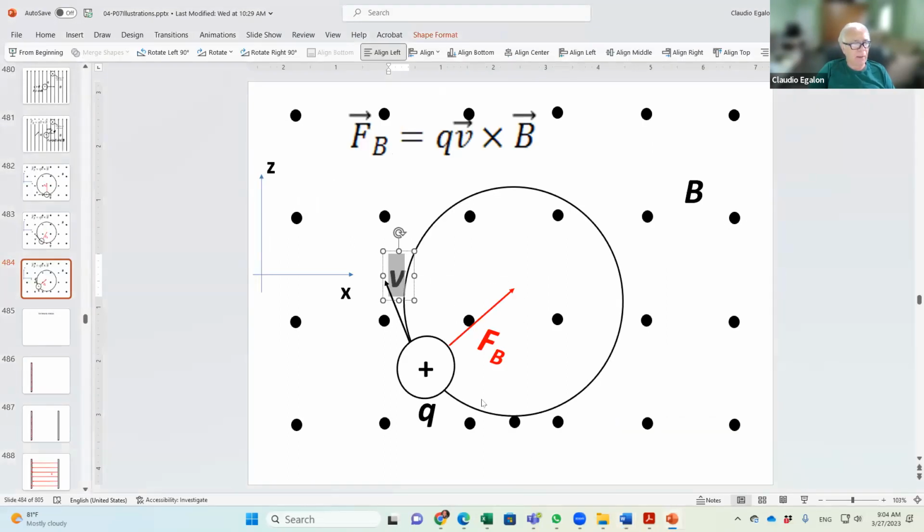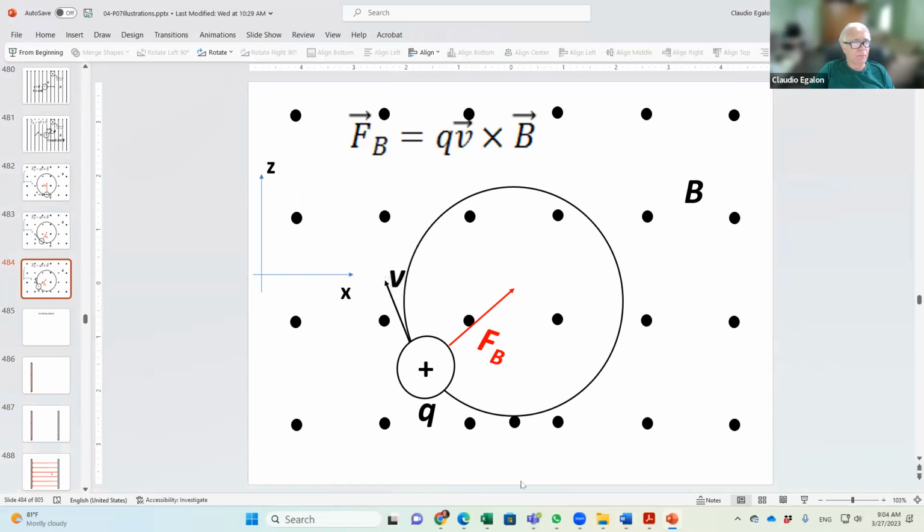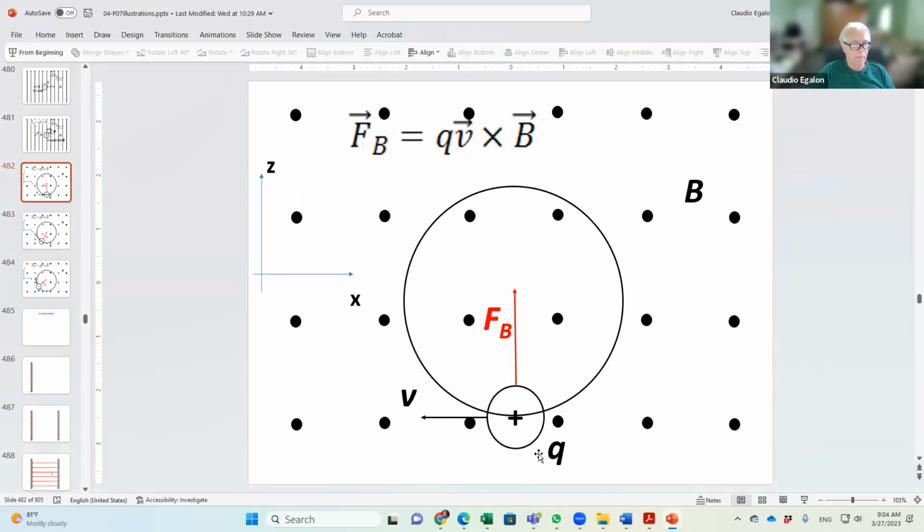Here's the magnetic force. The magnetic force makes an angle of 90 degrees with the velocity vector. Consequently, the magnetic force does no work whatsoever on this particle. By doing no work, it means that the speed of the particle doesn't change.